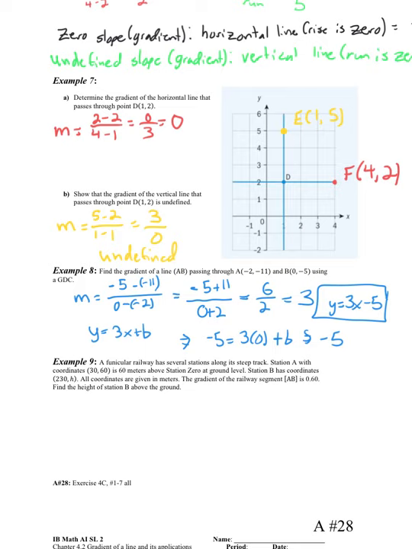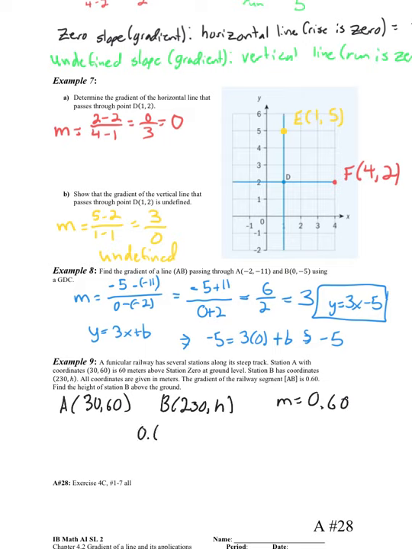This last problem. So this one gives us the coordinates of station A as (30, 60). And then the coordinates of station B are (230, H). And then it gives us the slope is 0.6.